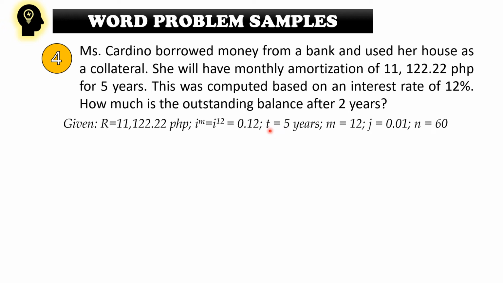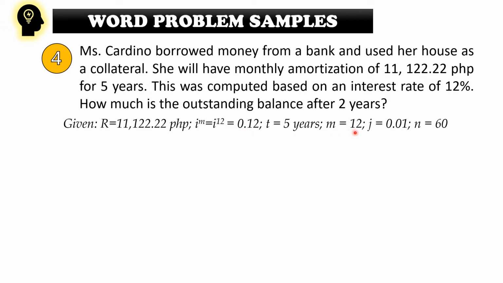And at the time T, the term of the loan, that is about 5 years. So, within 5 years, dapat mabayaran niya yung loan niya. And then M, the conversion period, since monthly yan, 12. And then letter J, it refers to the monthly interest rate kasi monthly nakalagay dito. So, paano ito nakuha? That is simply by dividing the annual interest rate by the conversion period. We have 0.12 divided by 12.